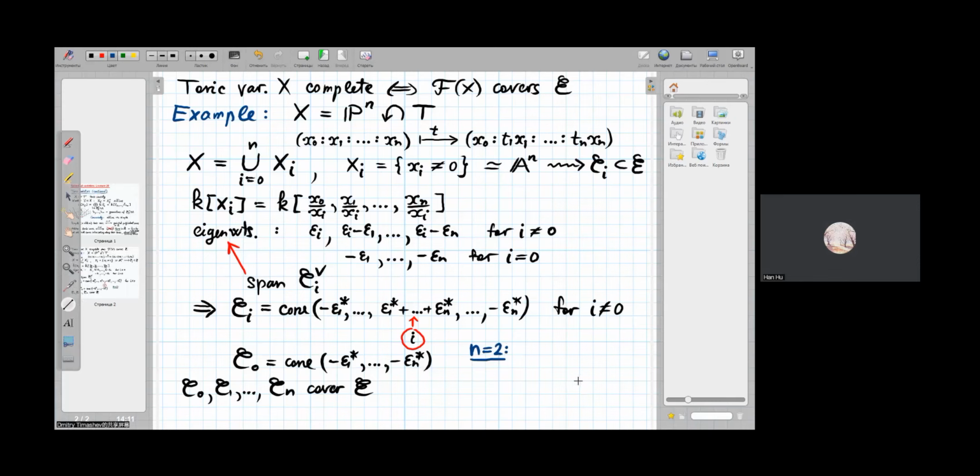So it is something like this. So this ray minus epsilon 1 star, and this ray minus epsilon 2 star. Okay?